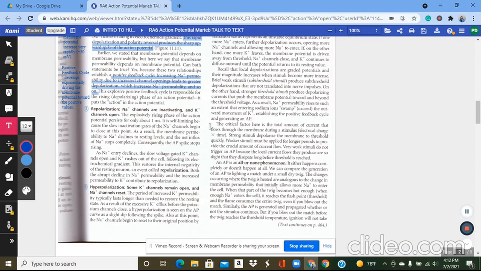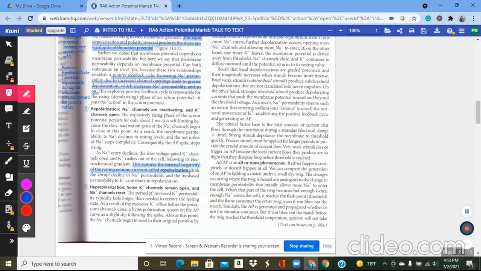As a result, the membrane permeability to sodium declines to resting levels and the net influx of sodium stops completely. Consequently, the AP spike stops rising. As sodium entry declines, the slow voltage-gated potassium channels open and potassium rushes out of the cell, following its electrochemical gradient. This restores the internal negativity of the resting neuron, an event called repolarization.